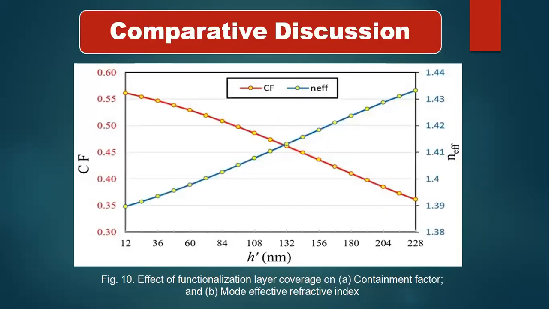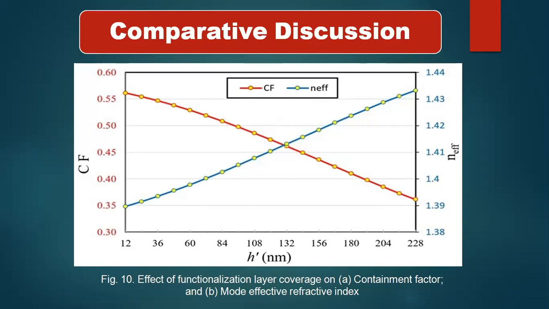Now, moving on to the comparative discussion. This graph is actually the conclusion of the second part of our experiment, where we wanted to see if there is any effect of functionalization layer coverage on the working of a silicon nanowire waveguide.